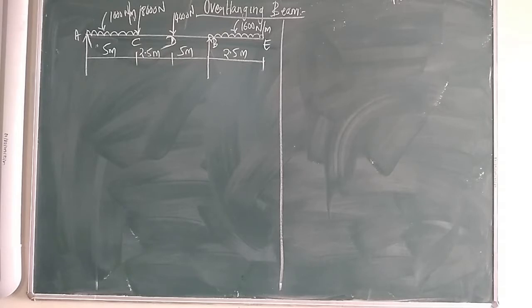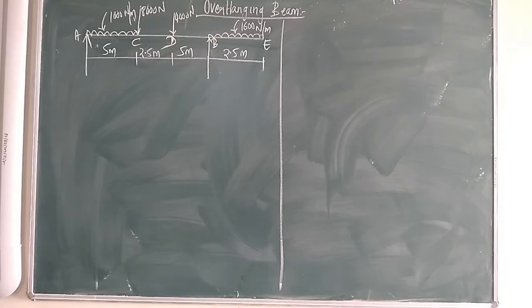Now we will see what loads are acting on the beam. A UDL of 1000 Newton per meter is acting from point A to C at a distance of 5 meter. A UDL of 1600 Newton per meter is acting from B to E at a distance of 2.5 meter.